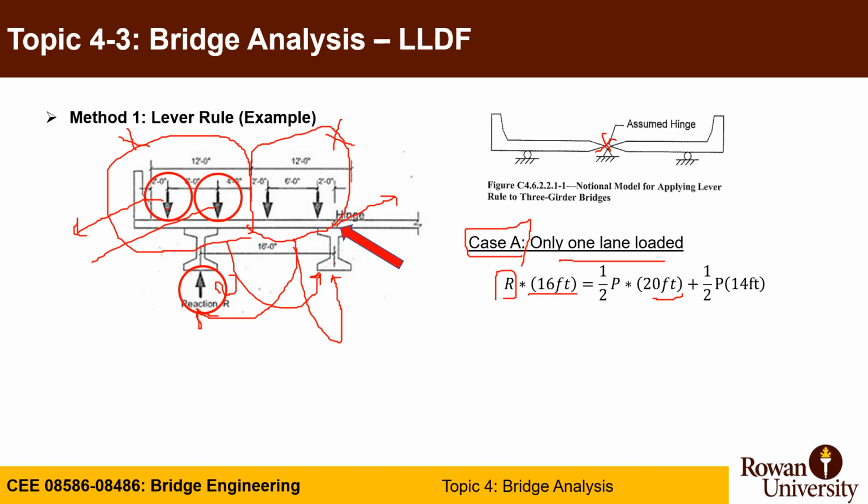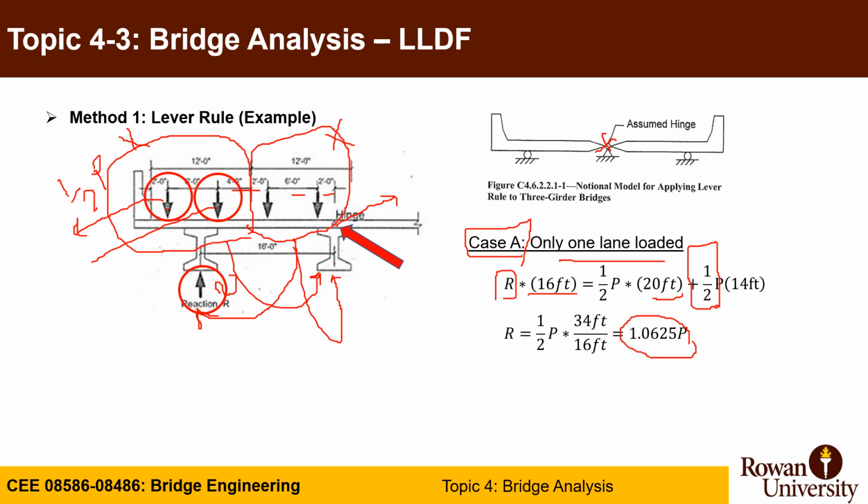So it's half the load P, and the second wheel line will be the other half P times 14, which is 2 plus 6, 8, plus 6, 14. If you solve for R, your R will be 1.625.